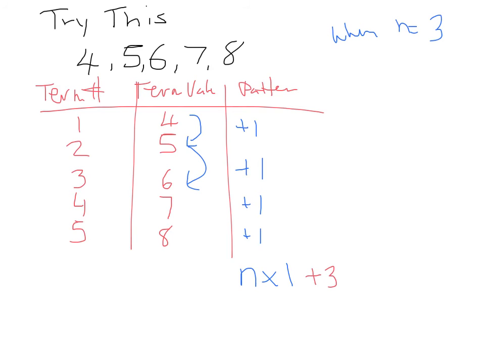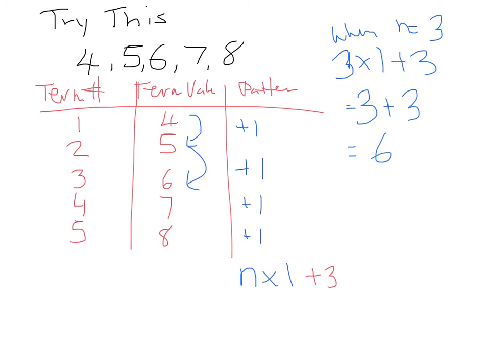So if I have n as a value of 3, I go 3 times 1 plus 3. So 3 times 1 is 3 plus 3 is, so 3, 4, 5, 6, and I end up with a value of 6. Is that correct? Yes, it is correct. And again, you can try it with the rest of them to make sure that this works.